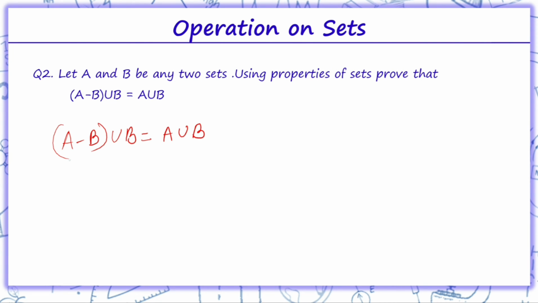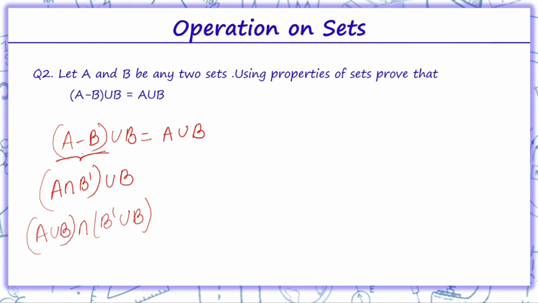So now this can be written as A intersection B complement union B. So this will be written as A union B, and then this intersection B complement union B. Now as we know, B complement union B will be a universal set.